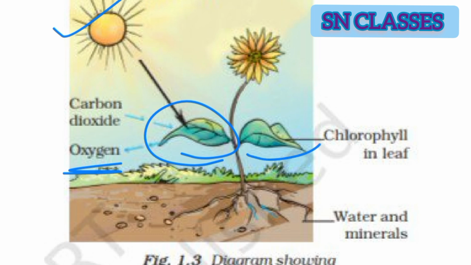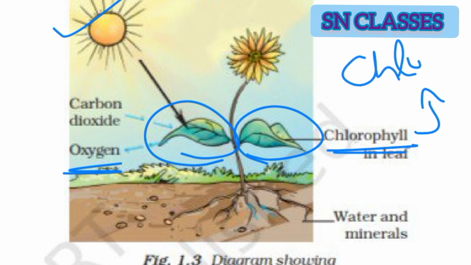And in the plant there is a pigment called chlorophyll, which is present in the chloroplast organelle. The roots here are taking in water and minerals. This is a picture of photosynthesis taken from the NCERT textbook for 7th standard.